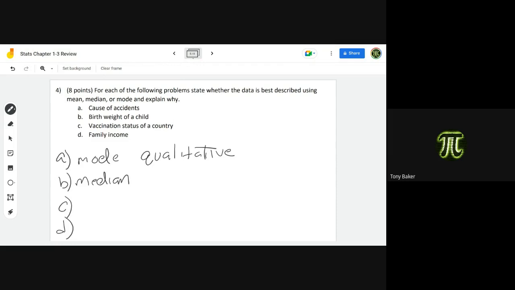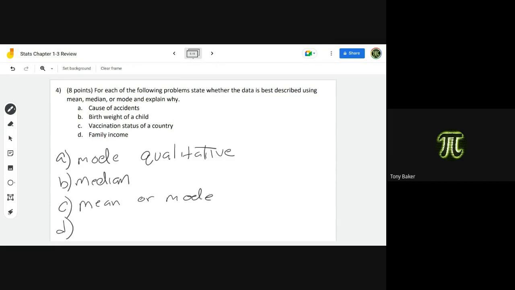If we're comparing different countries, then mean or median might make more sense because now you're not looking at yes or no, you're looking at the percentages and comparing that. If you're just looking at a specific country, yes or no, that is qualitative, and mode would be the only one that would make sense in that situation. So depending on how you want to explain it, depends on how you get the answer. Okay. So I could see mean or mode for that one.